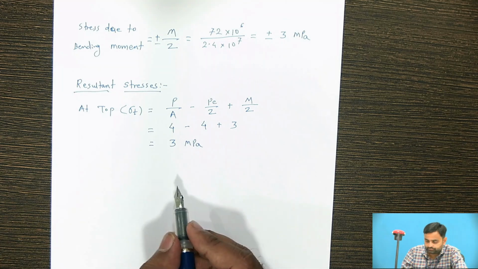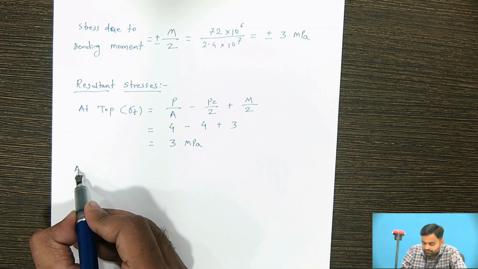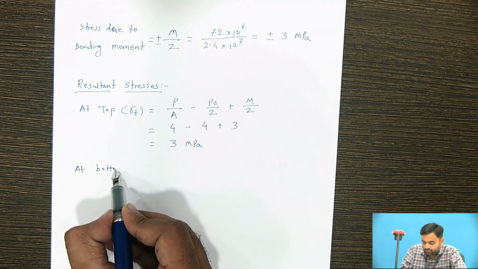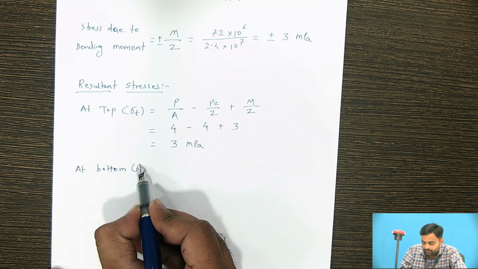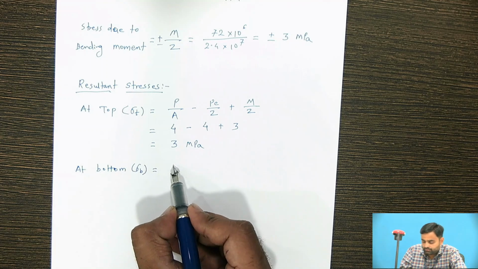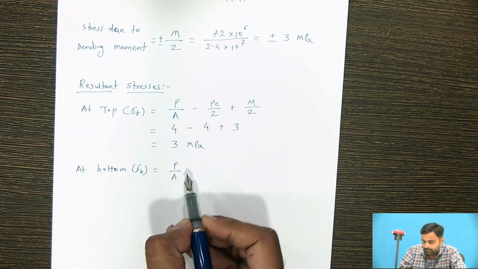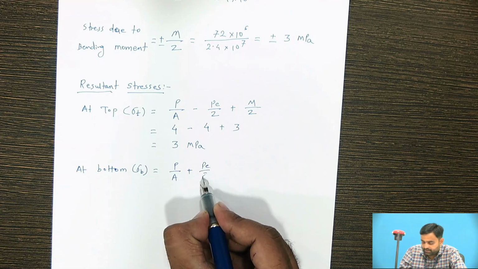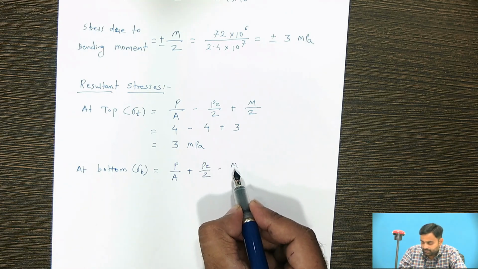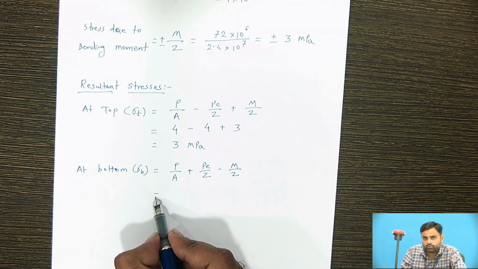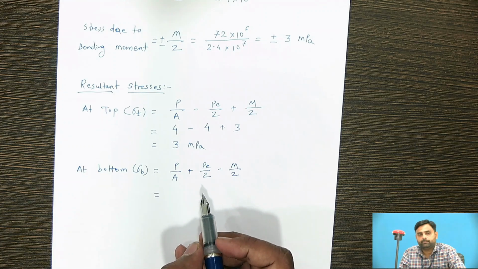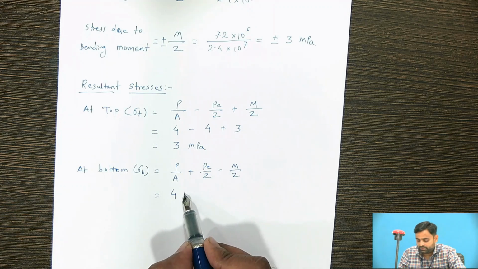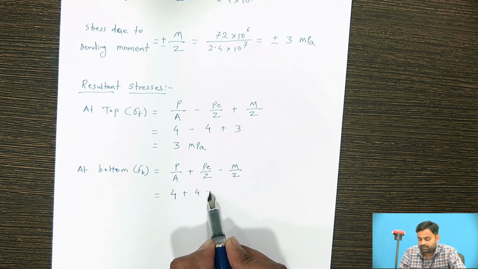Now next, at the bottom or soffit, sigma B. The formula for this is P by A plus PE by Z minus M by Z. If we put the values, P by A is again 4, PE by Z is again 4, M by Z is 3.